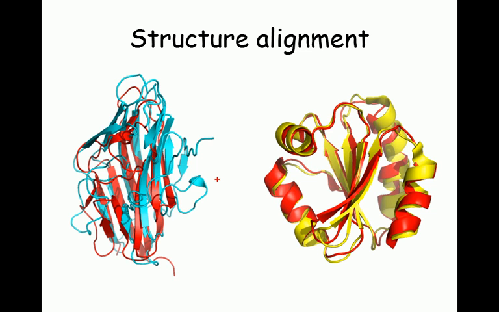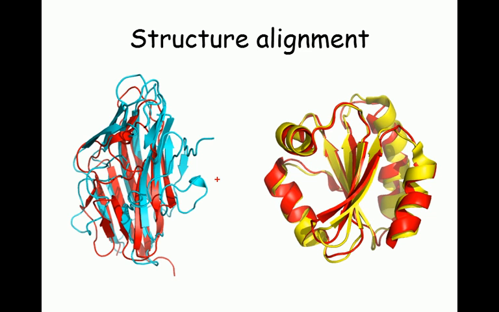And when you have a new structure, you usually want to know how similar it is to other protein structures. Similar to sequence alignment, we have structural alignment methods that will take two proteins and superpose them onto each other. Okay.